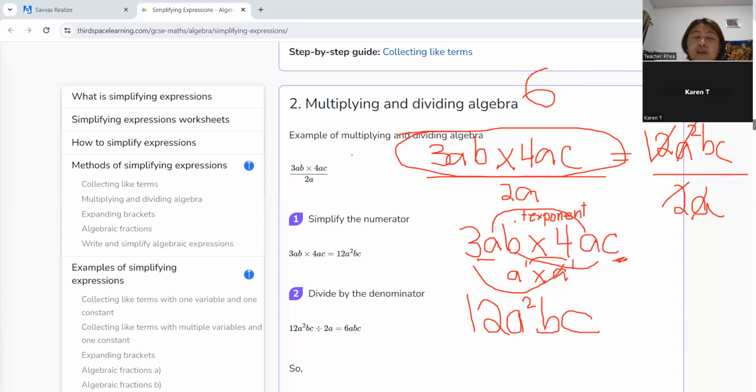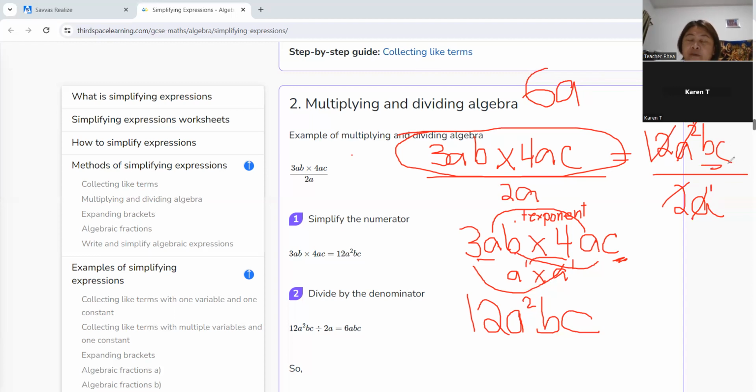In multiplication you add the exponents, but in division you subtract the exponents. So a squared divided by a: the exponent is 2 minus 1, that is 6a.